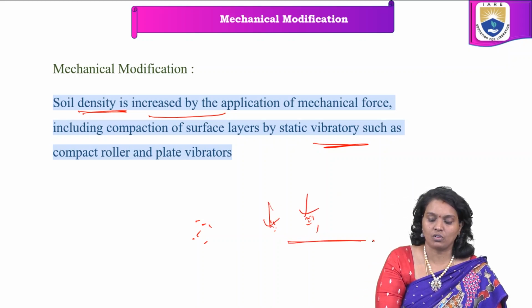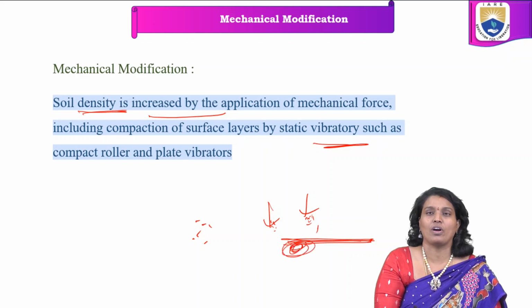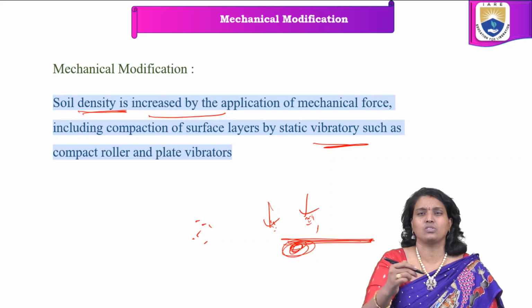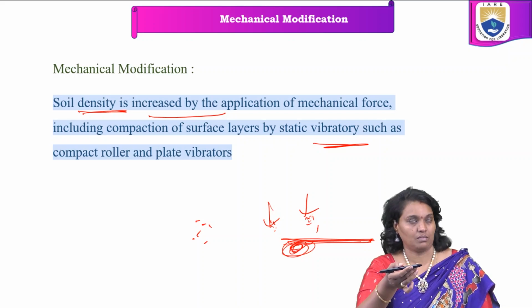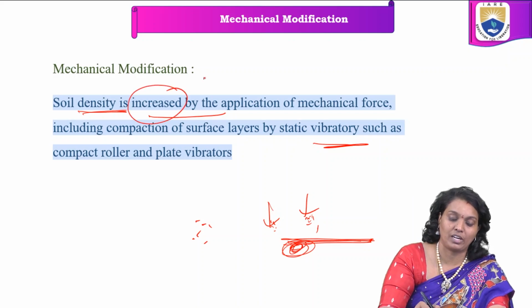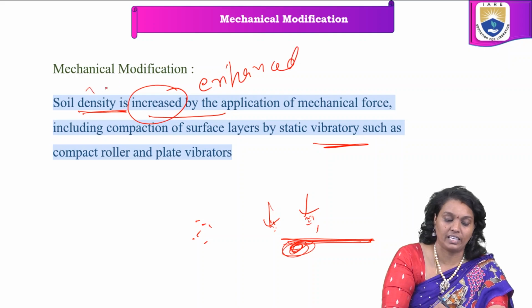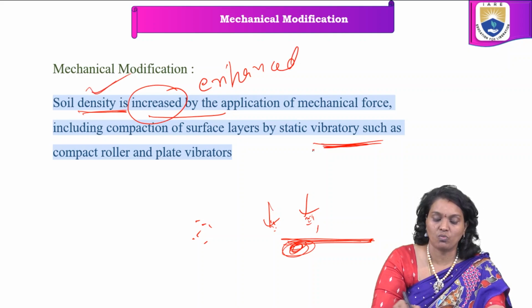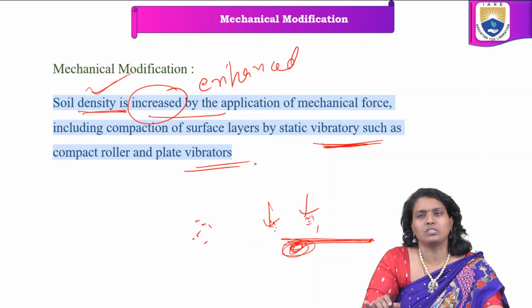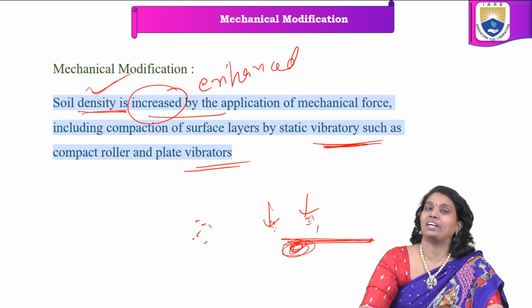After these roller movements and vibrations, the density of the soil is going to change and enhance. Based on the enhancement of density, we use these vibrators, which are available in different types.